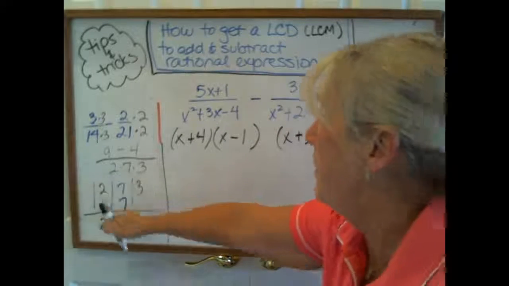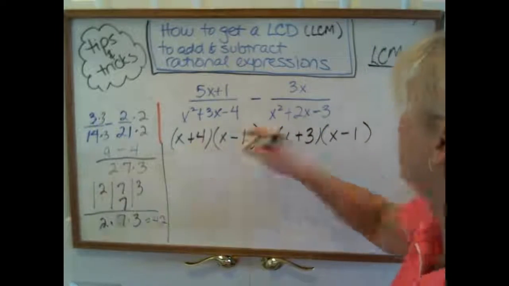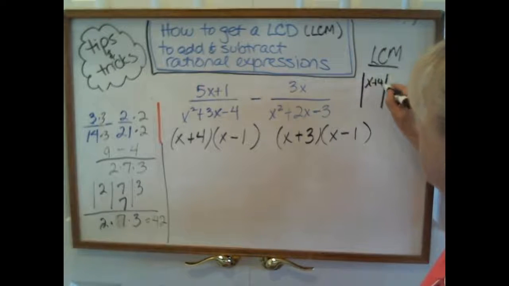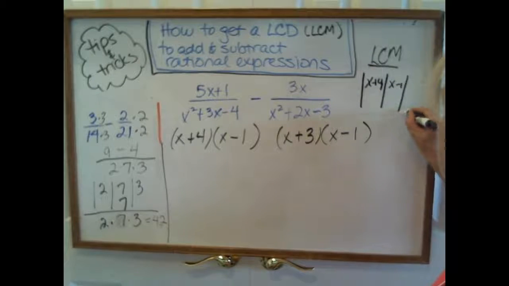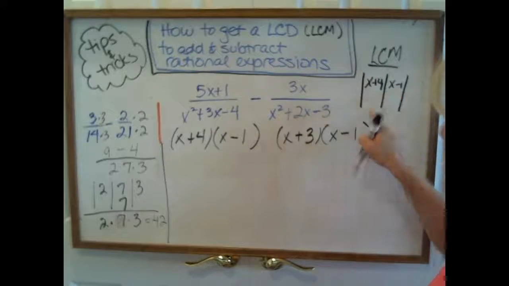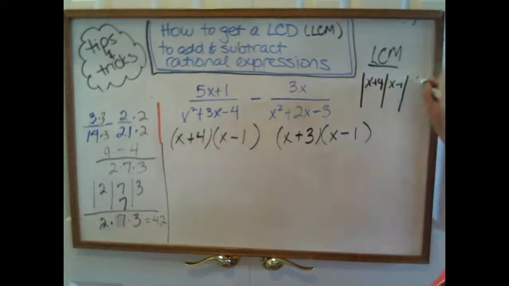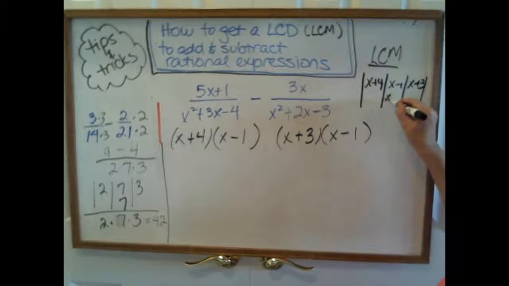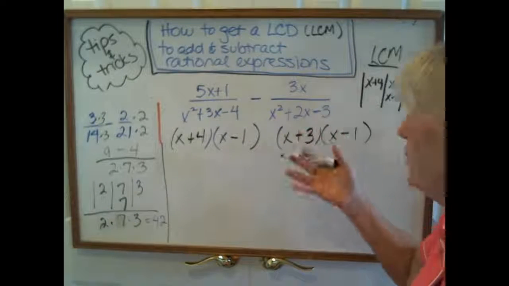Again, we're going to make columns like this. The first factor is going to be x plus 4. And then we have an x minus 1. That's a new factor. And x plus 3 is a new factor, so we have an x plus 3 here. And then we have an x minus 1, so we don't need to add a whole new column for this.